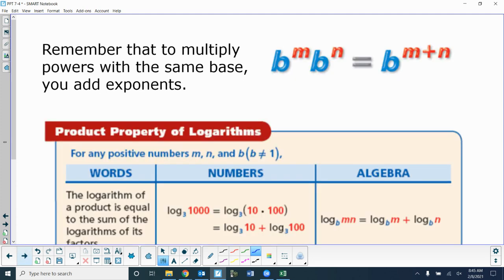All right, so if you have b to the m power times b to the nth power, what's the rule you're supposed to do? You have the same base, what are you supposed to do with the exponent? Add them, right? So the same thing works for logarithms.